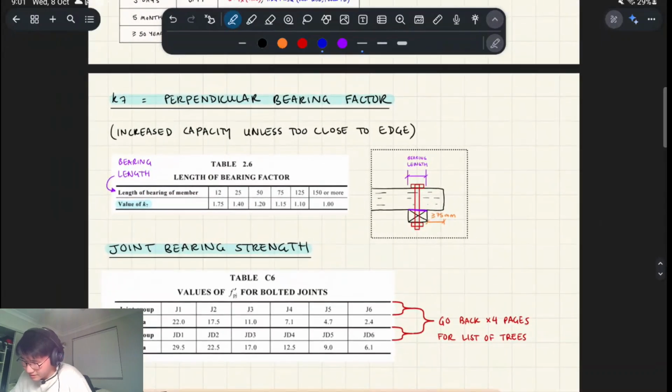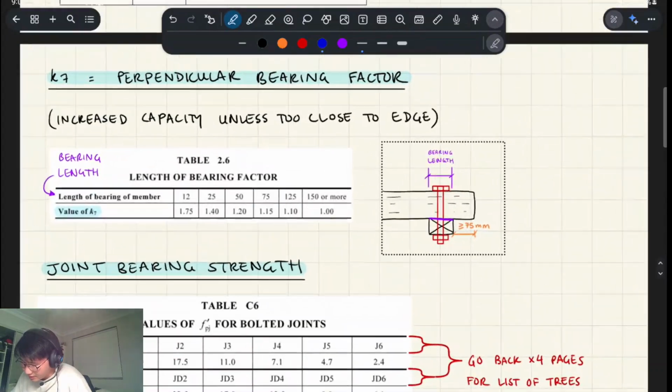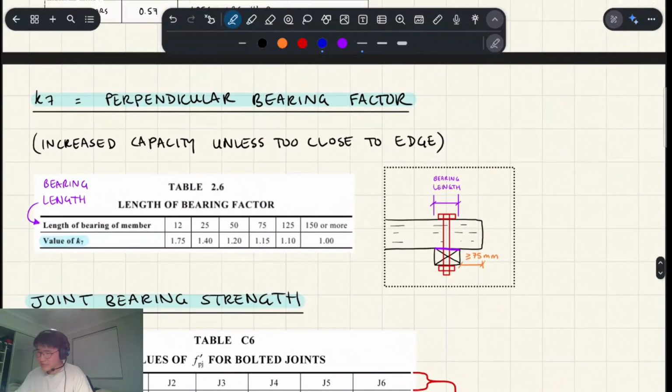Let's talk about K7 first. Your perpendicular bearing factor is basically your bearing length corresponding to a certain value, which is an increasing factor unless you're too close to the edge. If you're too close to the edge, you can't engage enough of the material for this to meaningfully increase your strength.